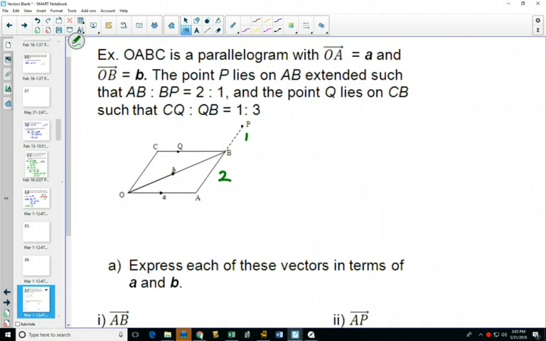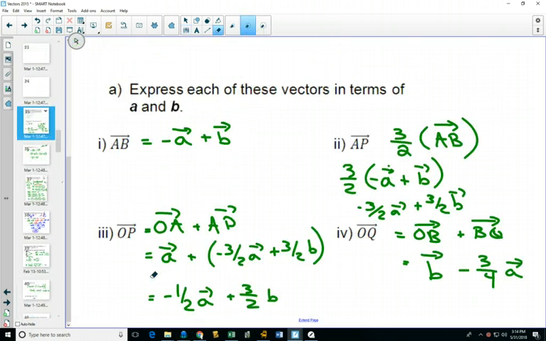Going from A to B would be 2/3 of going from A to P. And going from A to P would be 3/2 or 1.5 times going from A to B. So there are the answers for the first 4.